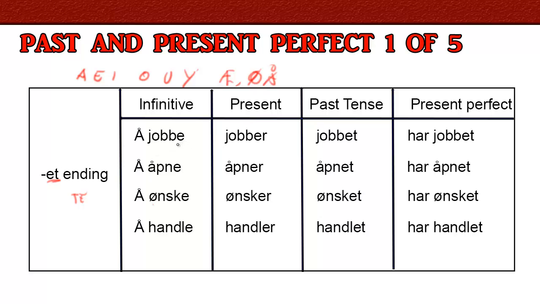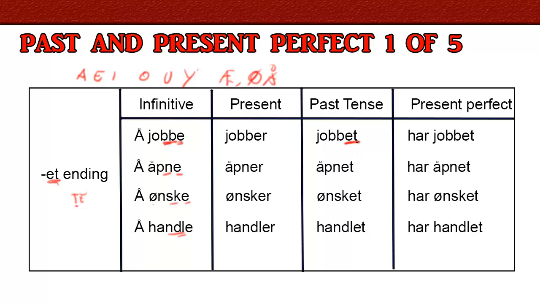Generally, if you remove the E from the infinitive and you have two consonants left, then we tend to have the ET ending. Here it is three consonants, but there are two consonant sounds. It's more about the sound, not the actual number of letters. It's kind of difficult to have a consonant and then the next letter is a T. So if you see å jobbe, remove the E, you have two consonants. Å jobbe, jobber, jobbet, you have the ET ending.